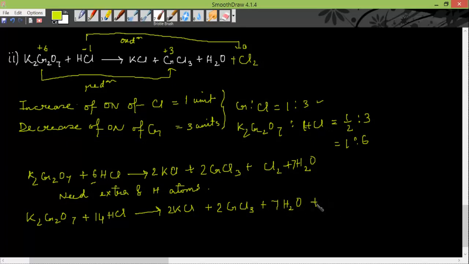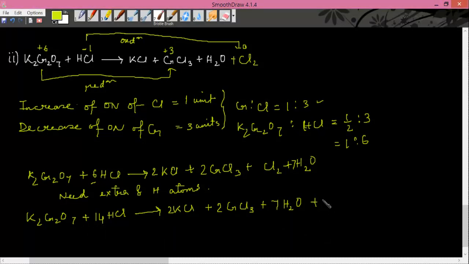And then what should be the number of chlorine atoms? It will be calculated. We have here 3 into 2, 6 chlorine, plus 2, 8 chlorine. And the remaining number of chlorine is 14 minus 8, that means 6 chlorine.